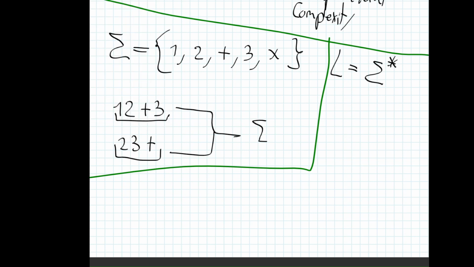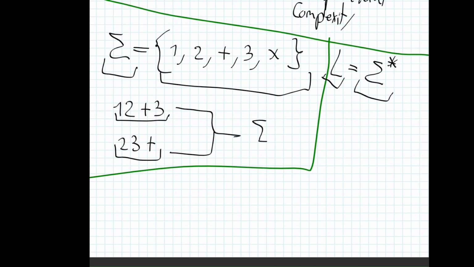And this equal sign gives us an indication that it is the exact quantity, the exact amount. So nothing more, nothing less. It's a complete copy of everything that is contained in the vocabulary of sigma. So L is equal to all of what is inside sigma.